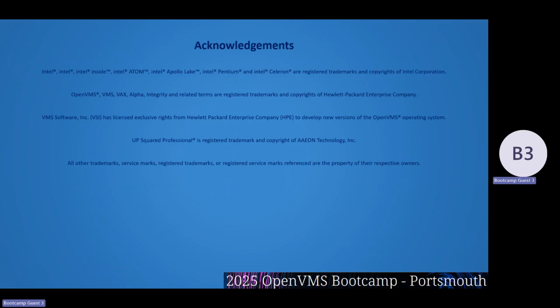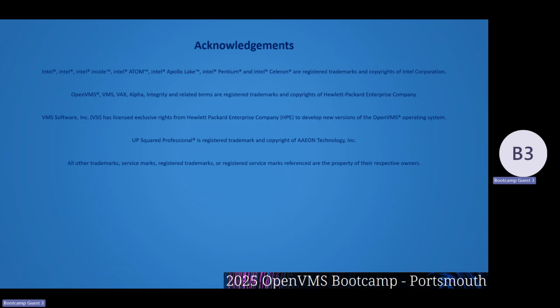Some acknowledgements. You're going to see references in here to things like Intel, Pentium, Atom, Apollo Lake, Celeron, OpenVMS, VAX, Alpha, Integrity, VMS Software, Aaeon, UP2 Professional. These are all registered trademarks of their respective companies.